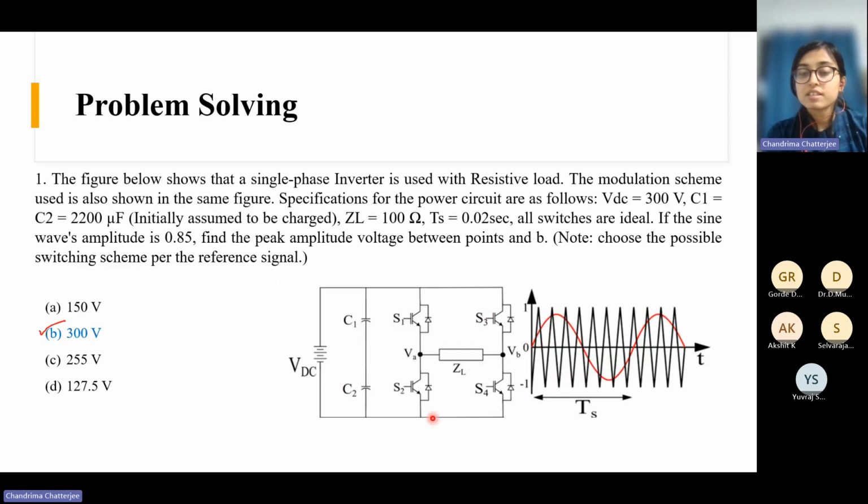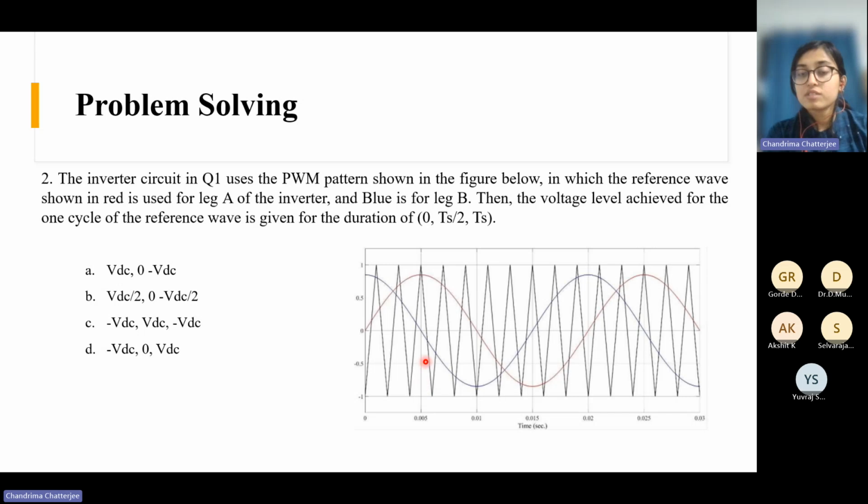To operate this leg and this leg, we are using two different reference signals. For leg A, we are using the red one, and for the other leg we are using this blue one. But the logic remains the same.